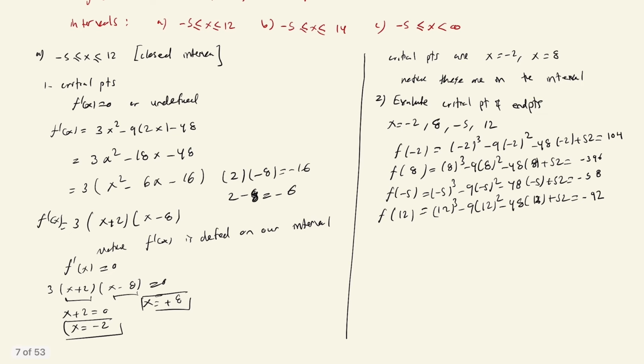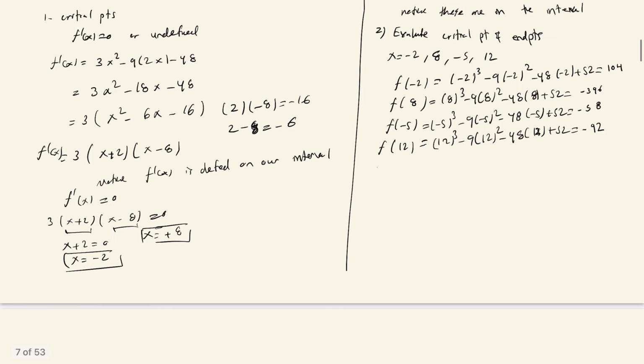So now we have all the values at the critical points and the endpoints, and we can move to step number 3. We'll determine the lowest and the highest value of the function. Notice here, the lowest value of the function f of x is at x equal to 8, and it is minus 396.